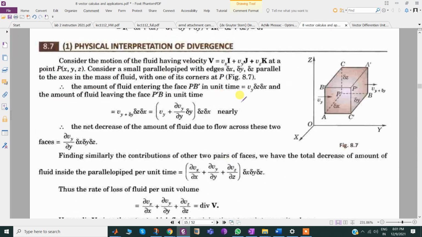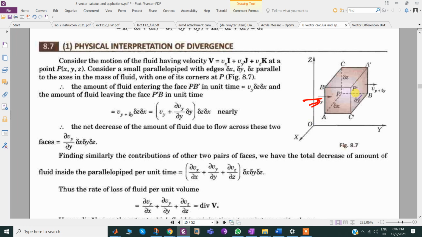Physical interpretation of divergence. I think in the last class, through a pipe, 1 liter of water is pumping. Within a minute, if I pump 1 liter, the output should be the same. That means there is no change. If there is any change, then it is called compressible.